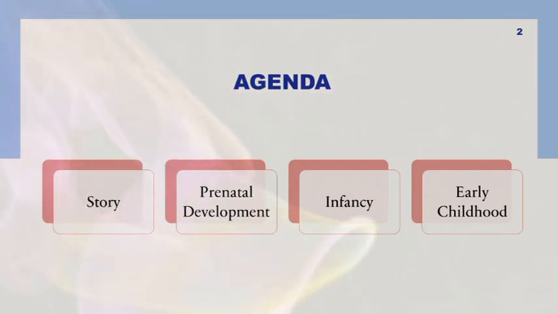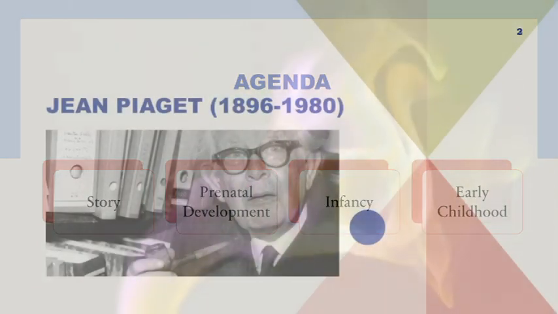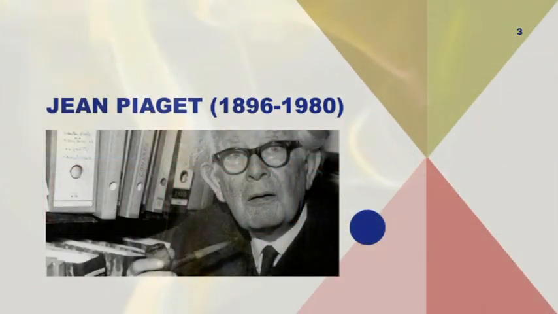Now, I want to start off with introducing you to one of the great figures in lifespan development, particularly in understanding development in infancy and early childhood, and that would be Jean Piaget. Born in 1896, he passed in 1980. And he was born in Switzerland.